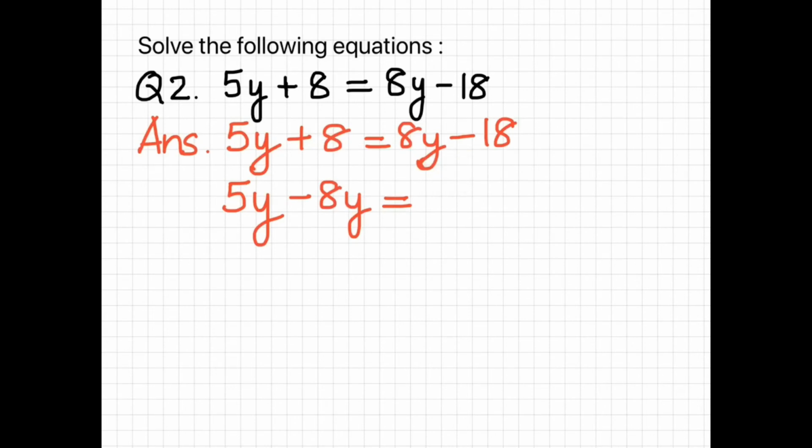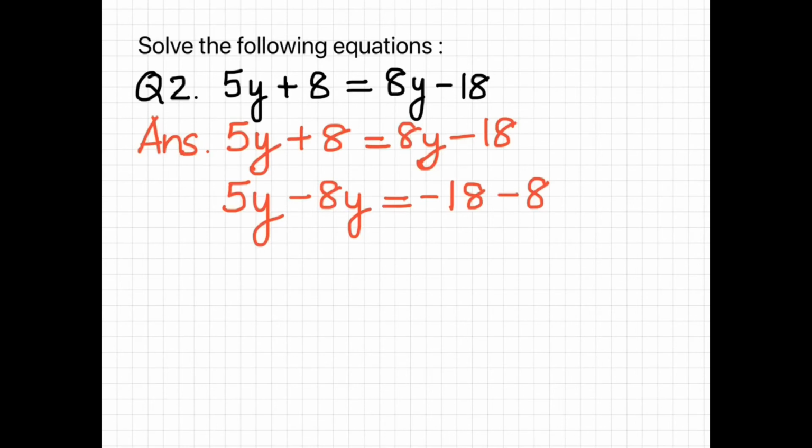We already have minus 18, so we will write minus 18 as it is, and now transposing plus 8 to the right hand side, we will get minus 8 on the right hand side.